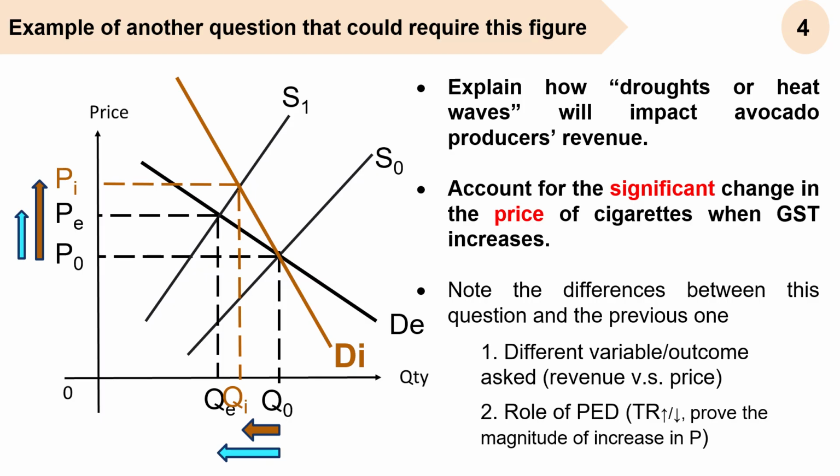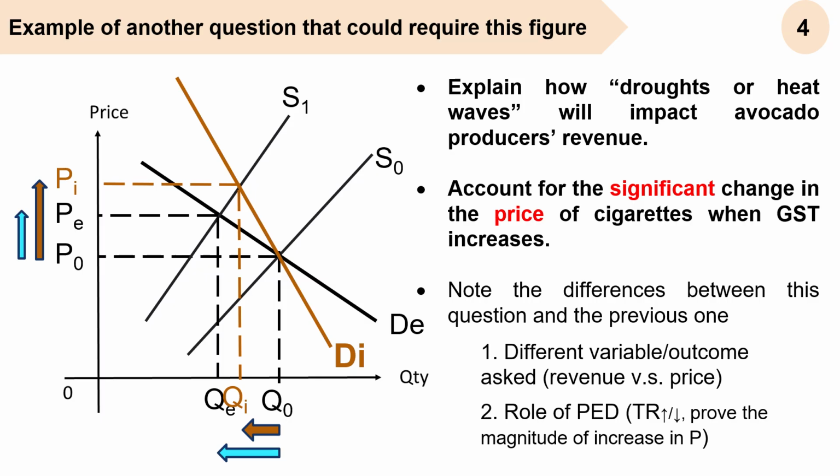Ad valorem tax. So when there's an ad valorem tax, your supply is a pivotal shift, like this diagram. It's not a parallel shift, but that's the only difference in the diagram. So these two types of questions look different, but how you write the answer and the diagram is almost the same.